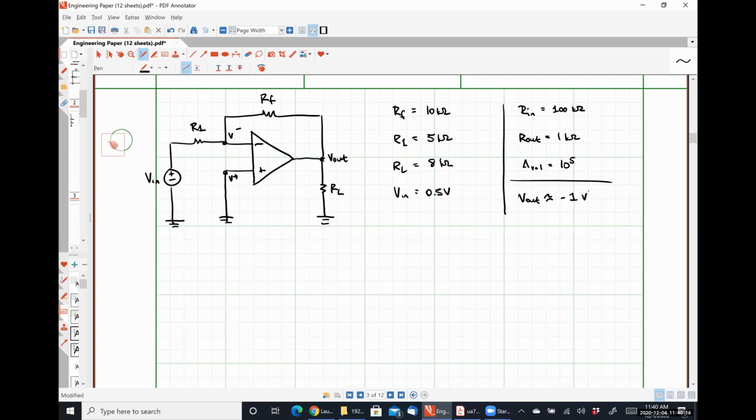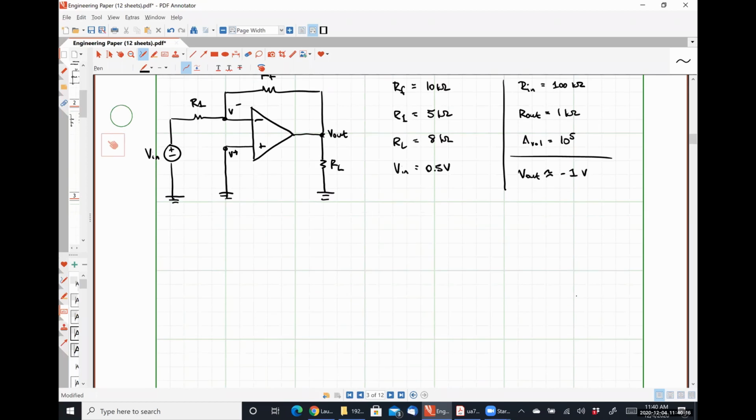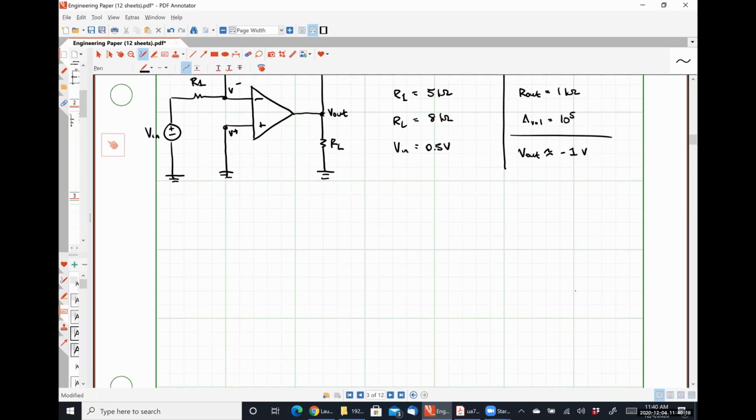All right, now let's draw this thing using the practical model. And so how I usually do this is I start by drawing the practical model itself and then connecting things to it. So here's Rn.